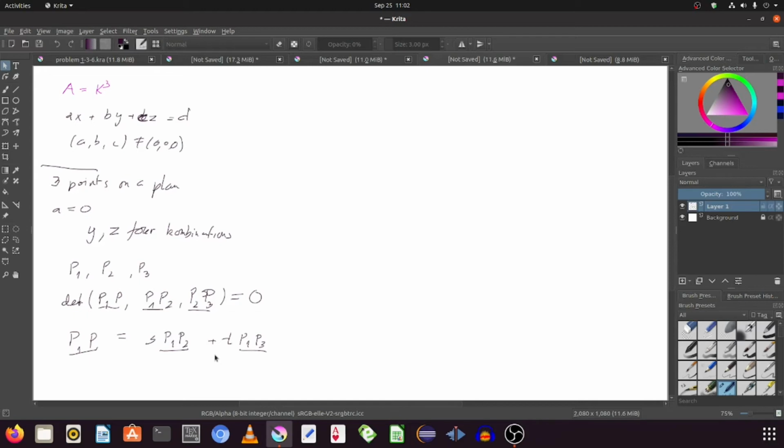I believe you can already see now that Cramer's formula for linear equations will come in handy here. So we'll just take it step by step. So this one implies this one. That's obvious.